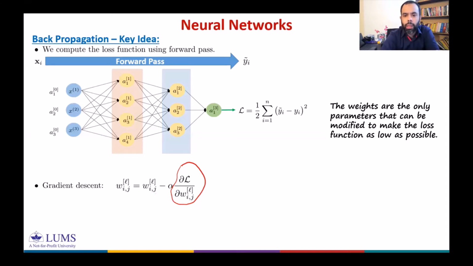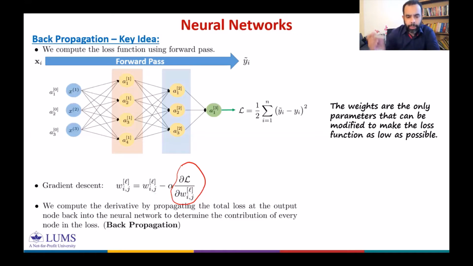So the idea is we compute this derivative by back propagating the total loss at the output node. We have computed this loss at the output node. We back propagate this loss back into the neural network to find out what is the contribution of every node towards the loss. And that's why we call this method back propagation.